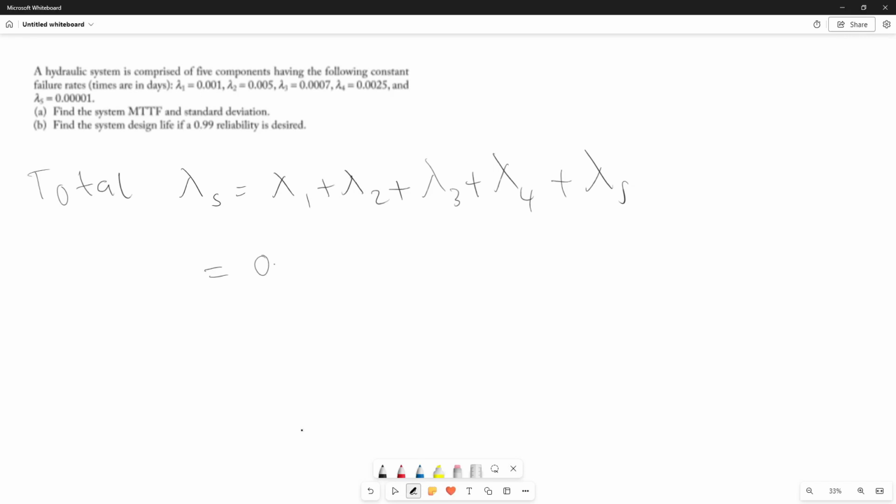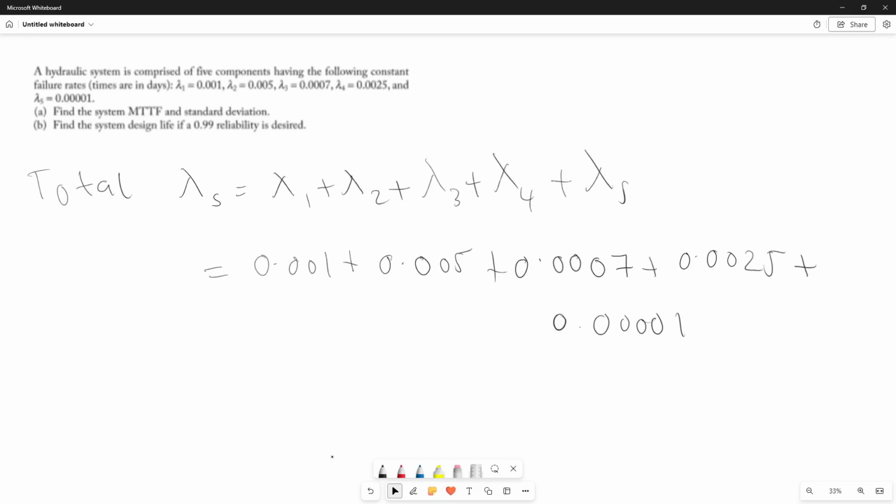And this is 0.001 plus 0.005 plus 0.0007 plus 0.0025 plus 0.00001, and this is equal to 0.00921.